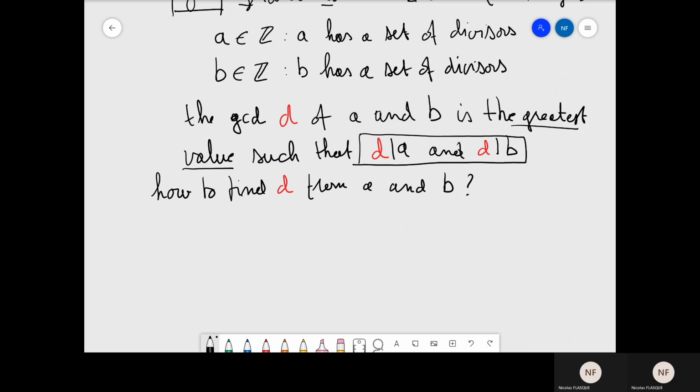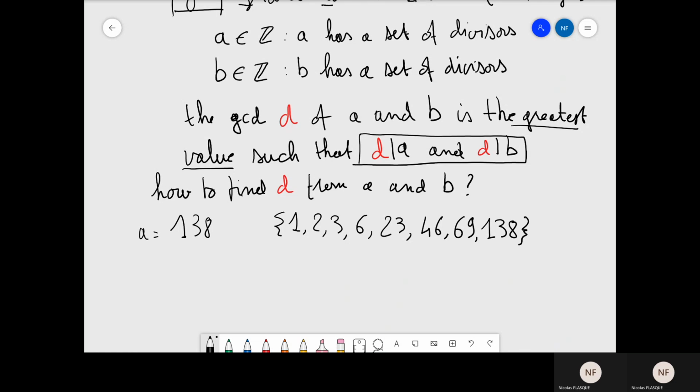So, for example, let's take A equal to 138. Then the list of all its divisors is known: 1, 2, 3, 6, 23, 46, 69, 138.